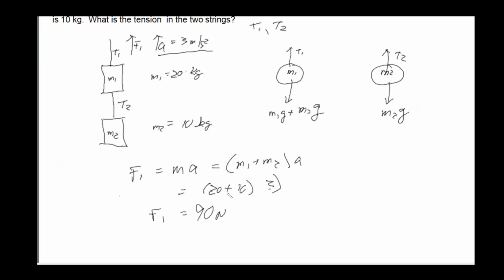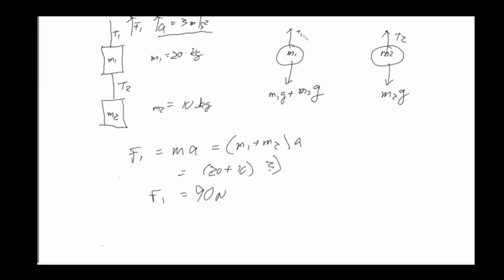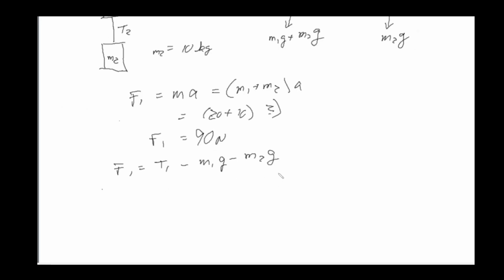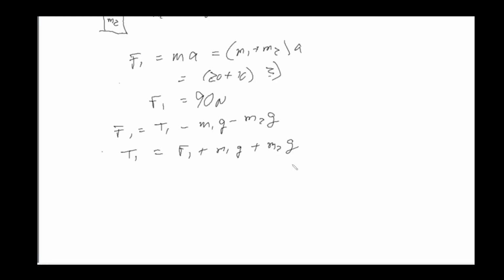Now we can concentrate on the masses independently and add up the forces. So for mass 1, the force on it is equal to the tension pulling it up minus the weight of the two masses pulling it down. And if we solve for T1, we get T1 is equal to force 1 plus m1 g plus m2 g.